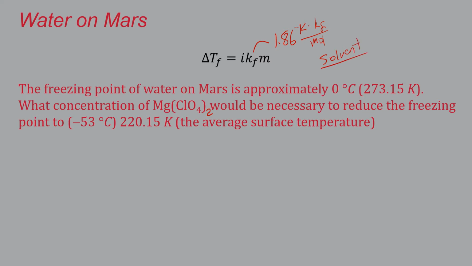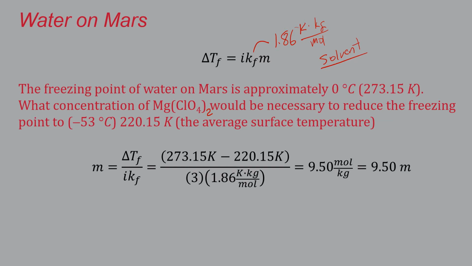And the other thing to know is that those are solvent properties. So these constants apply to solvents, and you look them up. So let's talk about what concentration of the magnesium chlorate you would need to actually do this. So hit pause, think about it for a bit.